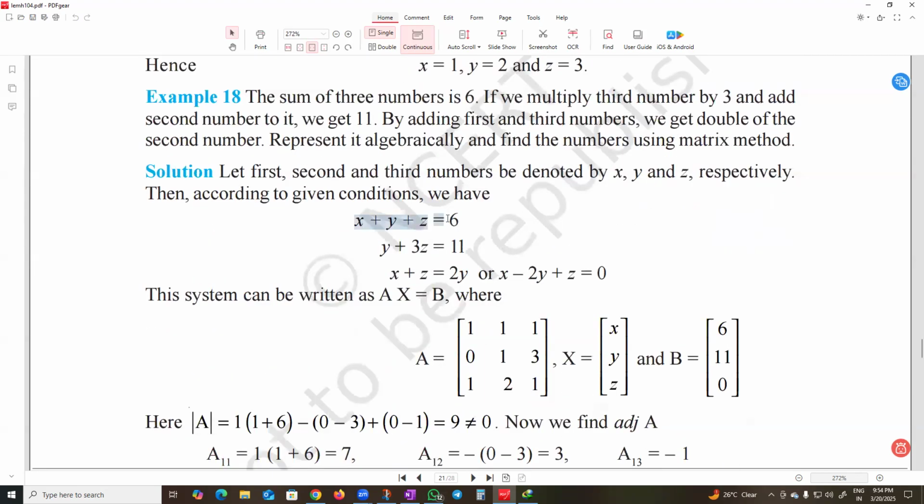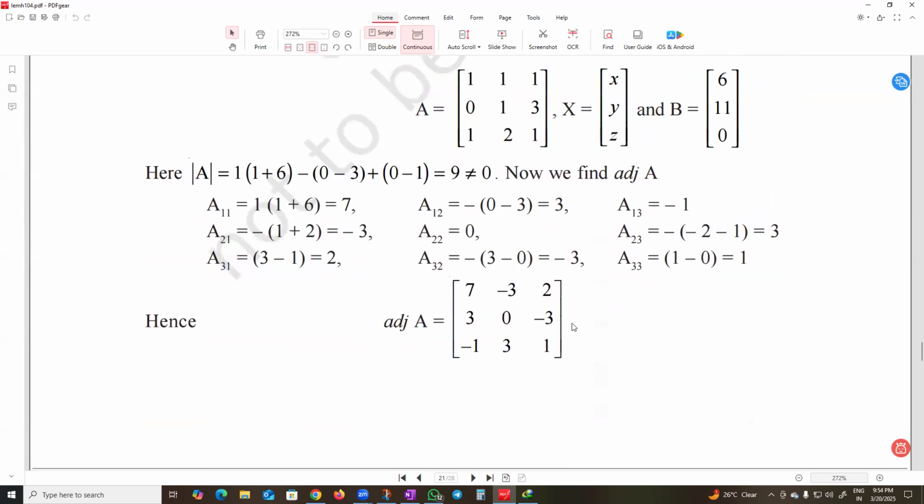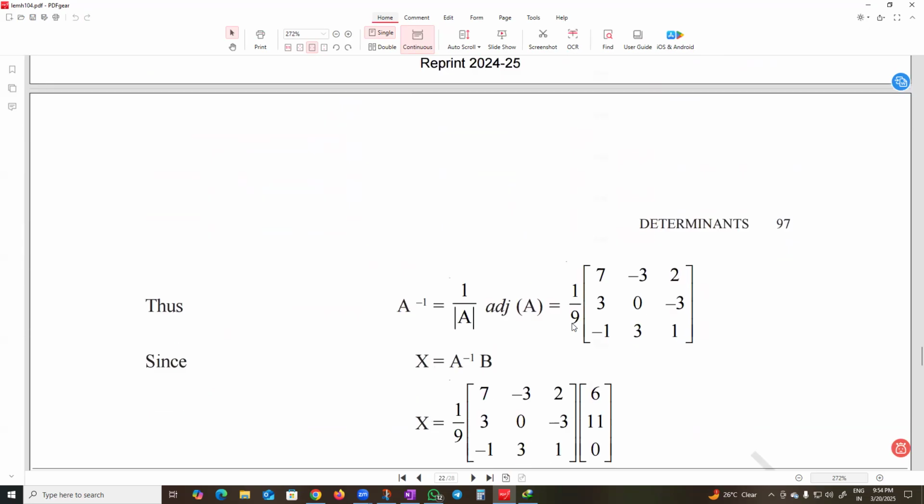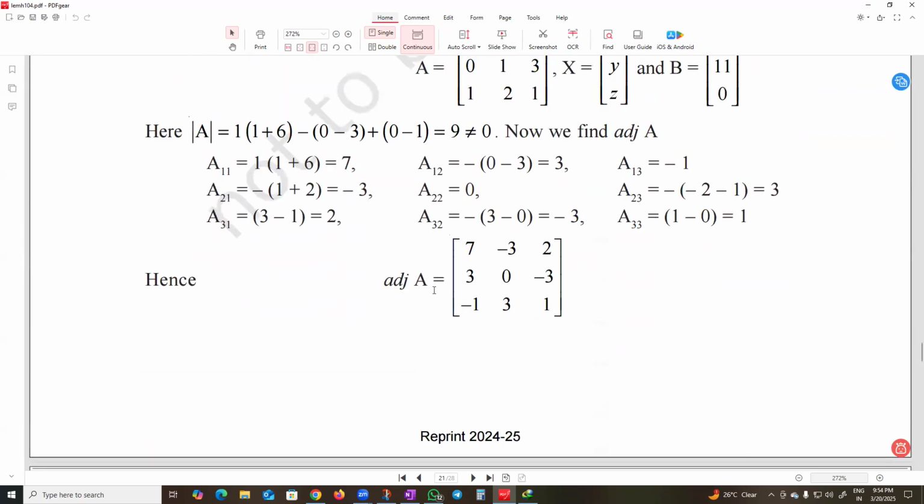You should create your own equations by reading all this English. You have to convert this English into mathematics and solve using the matrix method. And mostly two methods I told you for creating the adjoint A. One is the element, minor, and cofactor method, and another one is just writing starting from the middle number.